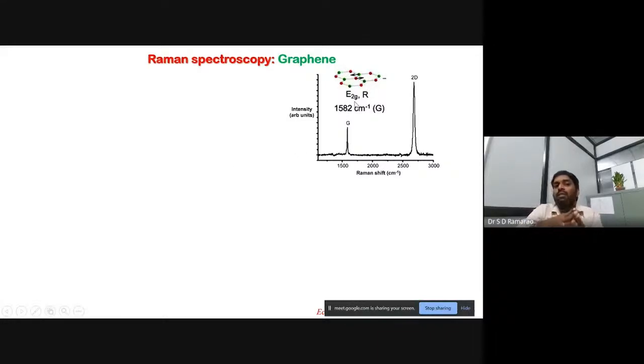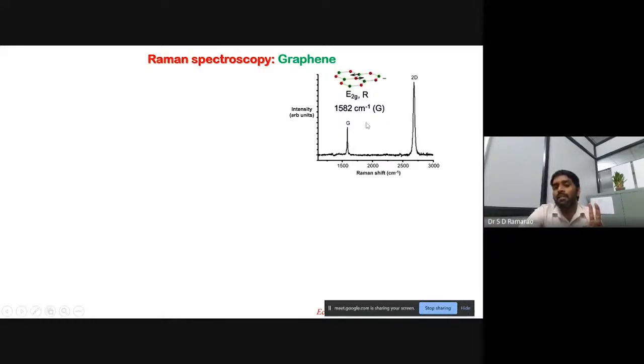If you collect the Raman spectrum of that graphene, you will end up with this result. This is the result of pure graphene. Pure graphene will have two characteristic peaks: one is the G band, another is the 2D band.